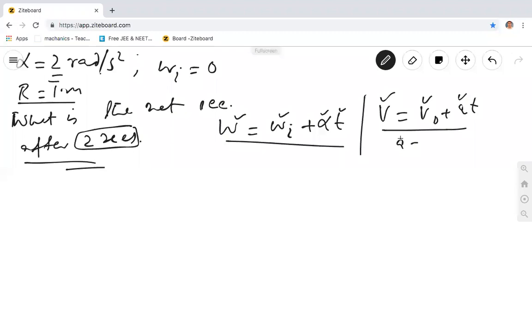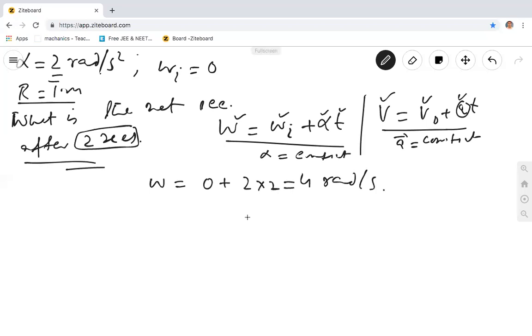Acceleration is uniform, constant. Good. Alpha must be constant. If alpha is not constant, this is not the equation to be used. But fortunately, alpha is constant here, so we can use this equation. So what is omega after 2 seconds? That is 0 plus alpha, that is 2 into 2 seconds, that is 4 radians per second. Is that right? Yes. Good.